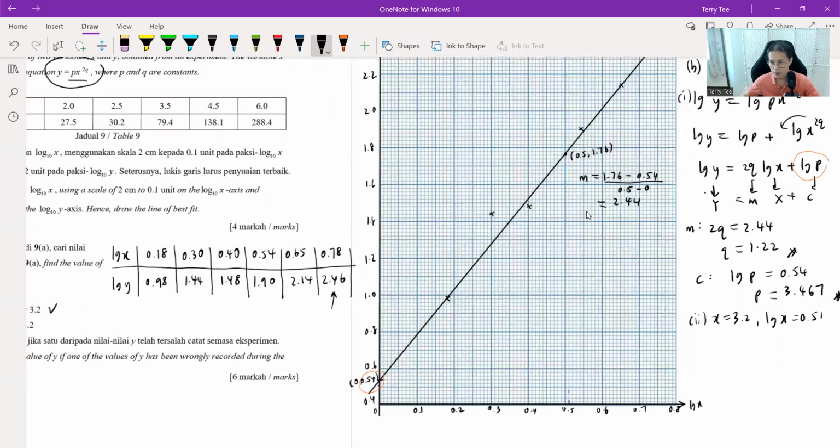0.51 is this point here, this line here. Move across. It looks like 1.8, right? Or 1.78. Around 1.78.